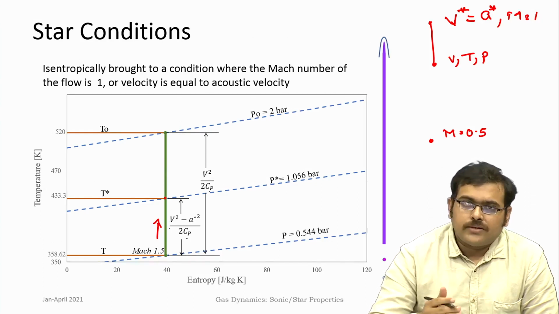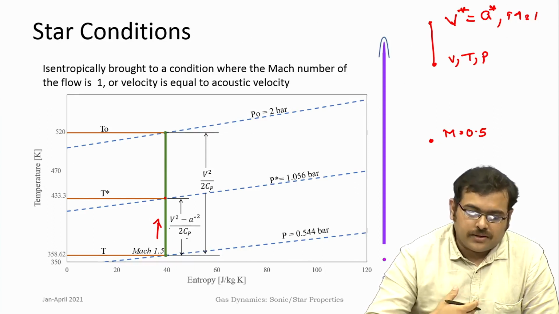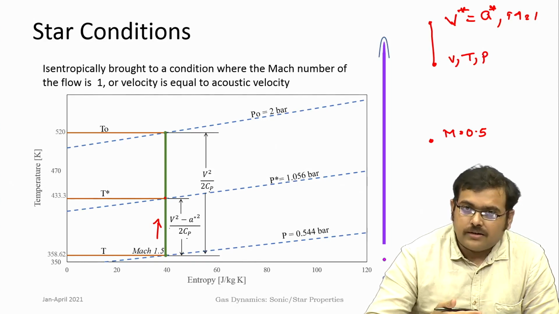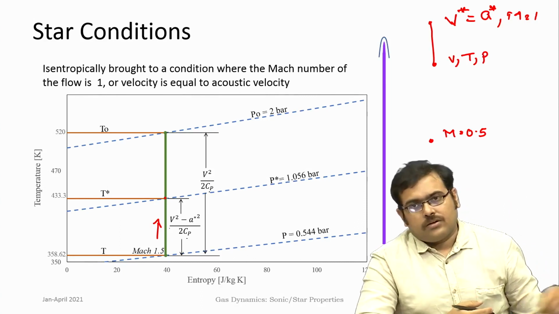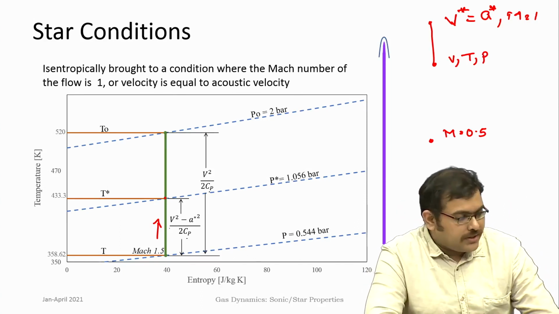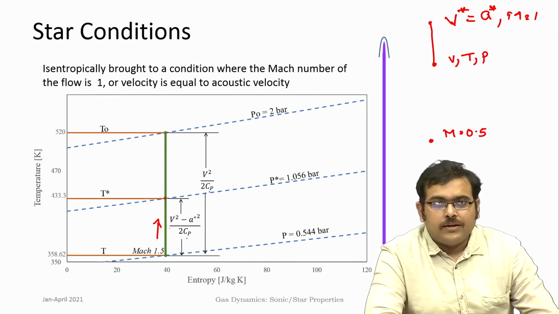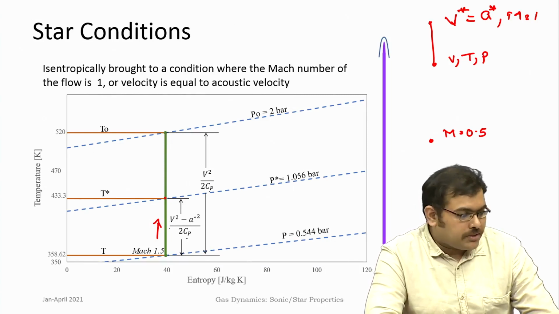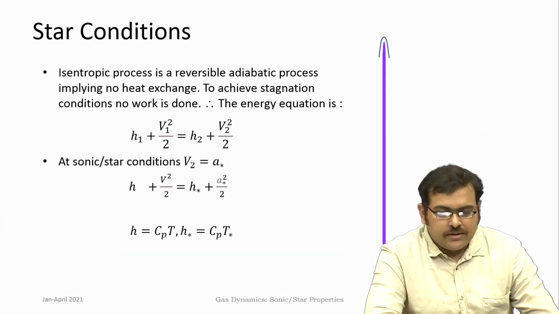In the stagnation process, the flow is always taken to 0 velocity, whether it is subsonic or supersonic, so there will always be an increase in pressure and temperature. But on the other hand, if it is a subsonic case and you are getting to the star condition, you would see that the pressure ratio will decrease. Similarly, the temperature ratio will decrease. But in the supersonic case it will increase, because there it is a deceleration process.